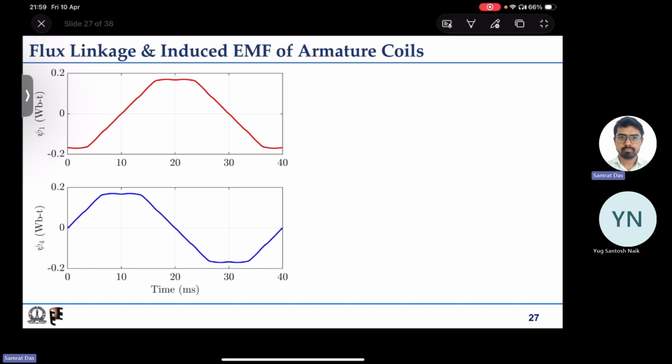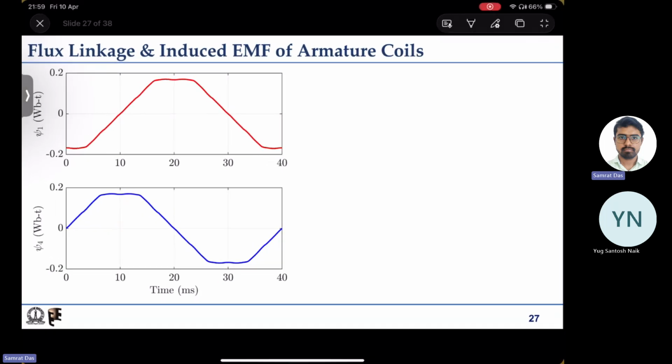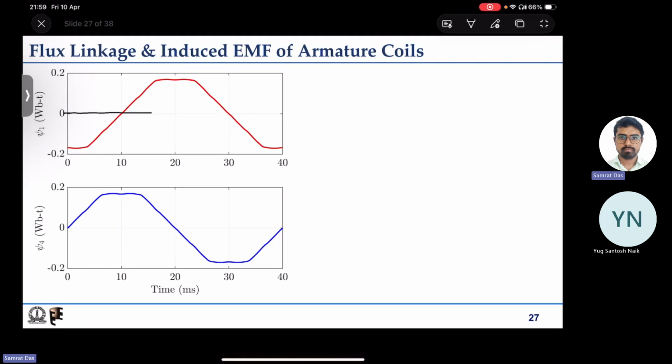You know the induced EMF is the time derivative of the flux linkage. Here the flux linkage is changing. You can divide it into different portions, different intervals.